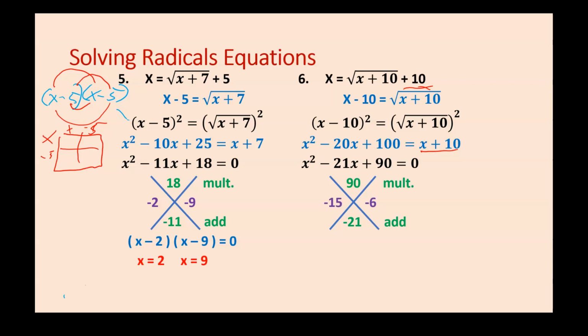So a negative 15 and a negative 6. Negative 15 times a negative 6 equals 90, and a negative 15 plus a negative 6 will give me a negative 21.